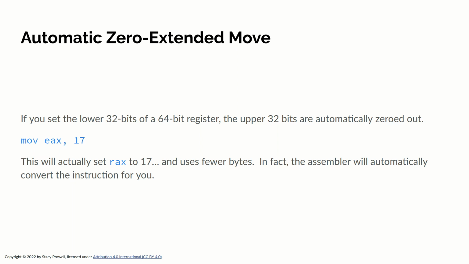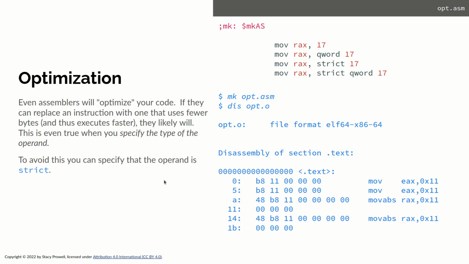In fact, this is so common that the assembler will automatically convert the instruction for you. It's part of the assembler's optimization. Remember, everything in the computer is trying to figure out what it thinks you really meant and fix your work for you. And the assembler is no different. So here we have move 17 into RAX.